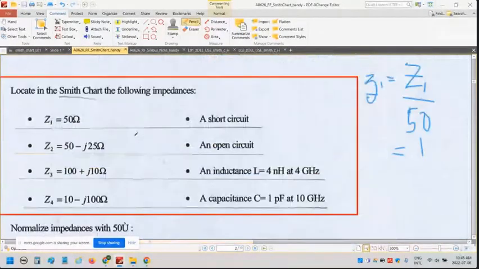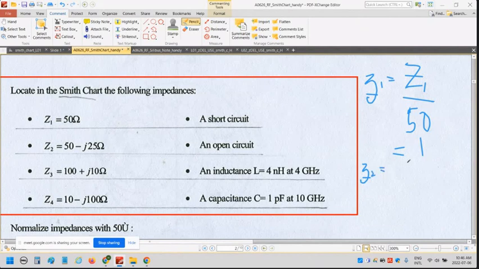Next, you need to determine the location for Z2. Z2 is very simple. You just normalize. When you want to normalize, you should use a small z. So small z2 equals capital Z2 divided by 50.